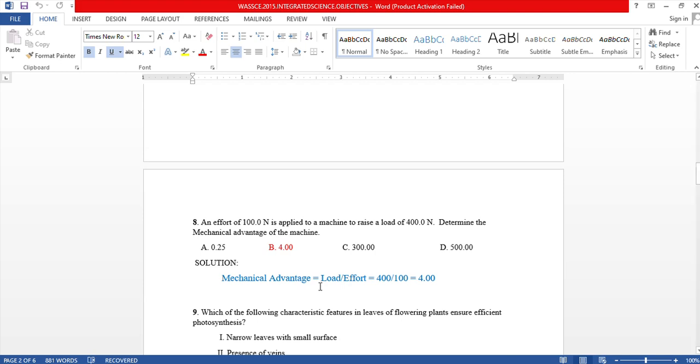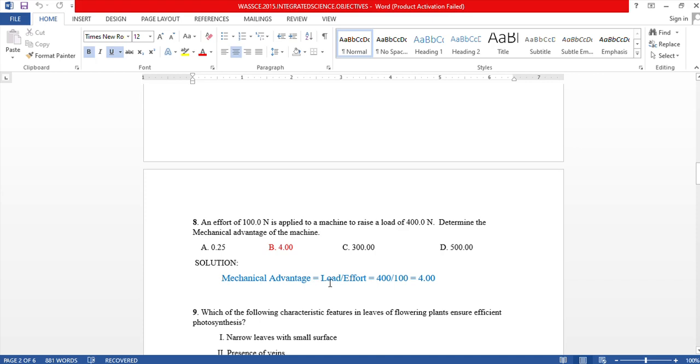You are applying a certain effort to raise an object, which we call the load here, and you are trying to see whether the effort you are putting in is really doing any great work. If the load is large and your effort is less, then it means that you are doing much work. So you are at an advantage. So that's the whole meaning of the mechanical advantage.